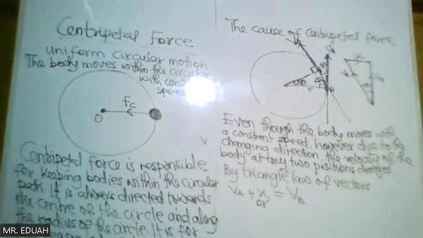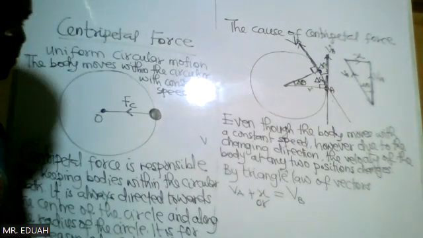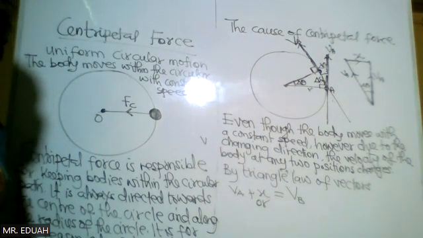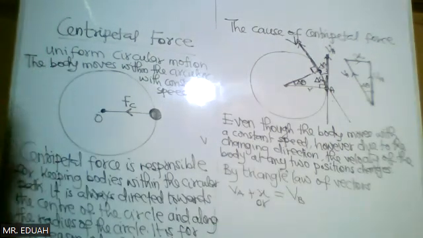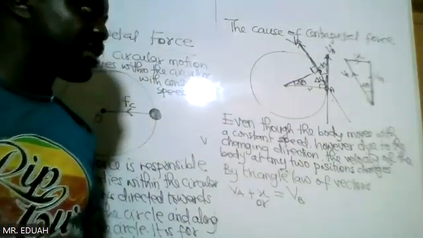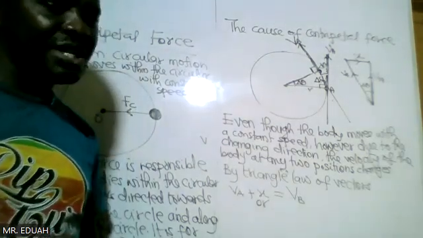You say, is it not the square of VA plus the square of X? No. By the triangle law of vectors, we are following the direction of the vector quantities. We are not looking at the magnitude yet.